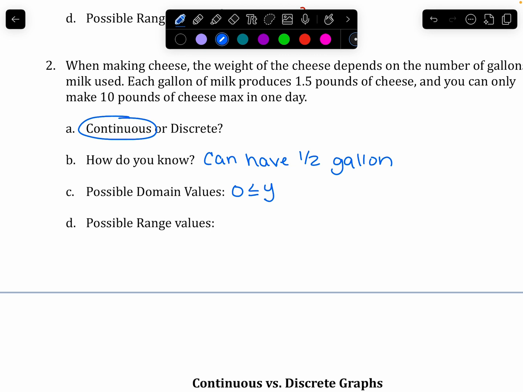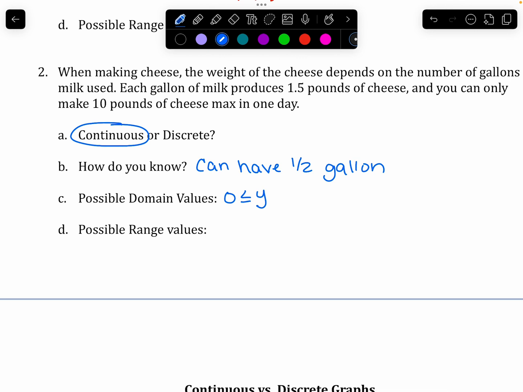Okay, now here's where things we have to kind of figure this out, okay? I do have a max amount of milk that I can use because it tells me that I can only make 10 pounds of cheese max in one day. So if 1 gallon of milk produces 1.5 pounds of cheese, I need to figure out by multiplying, I have my calculator over here, I need to figure out by multiplying the maximum amount of gallons that I can use in one day as well.